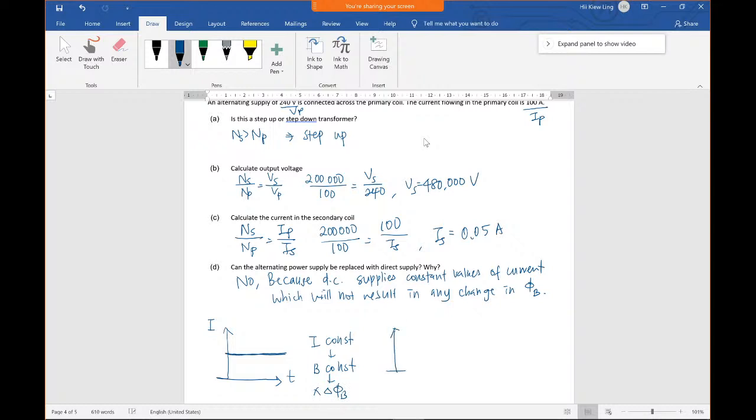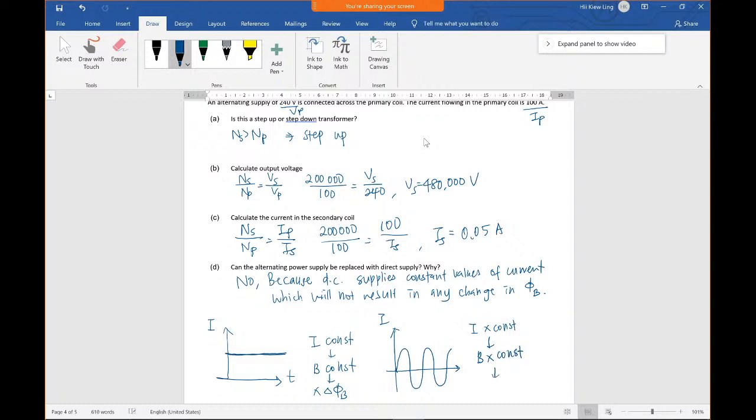Unlike the AC current, if it is AC, you get changing current all the time. If you look at the graph, the value of current changes all the time. So your current is not constant, and when your current is not constant, the magnetic field is also not constant.